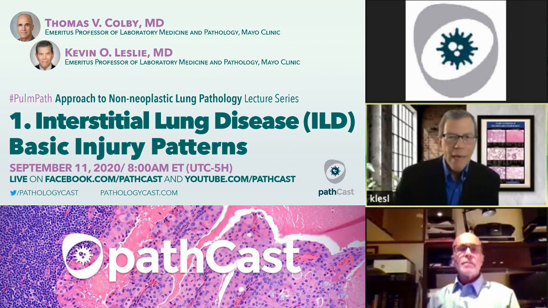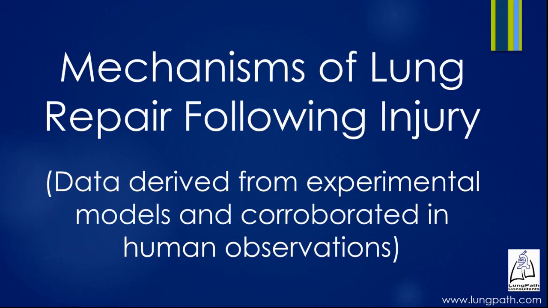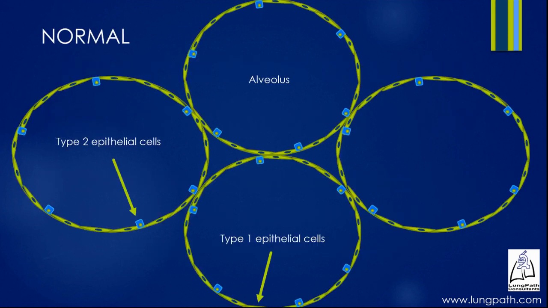So let's talk about mechanisms of lung repair following injury. And this is data derived from experimental models and corroborated by human observations. I've made a schematic here just to keep it simple. The lung is a very complex organ from a microanatomical standpoint.